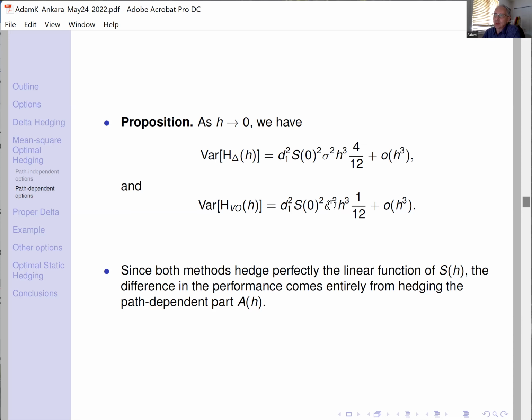So the formulas look almost the same, except that the variance for delta hedging has this factor 4. It is actually 4 times larger than the error for the mean square hedging strategy, and this does not depend on h. So even if I take h to the limit, I will always have this inefficiency of delta hedging for, in this case, arithmetic average.